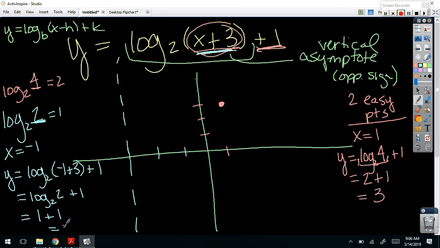And 1 plus 1 is? This is the hardest part about graphing the logs. That's another reason we spent so long on the evaluating part, because the more comfortable you are evaluating and seeing how logs simplify, the easier this is. All right, so this point is -1, 2.